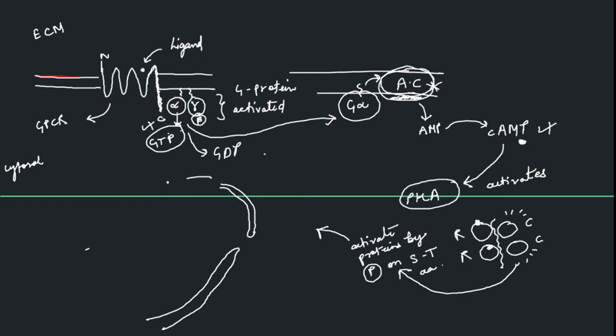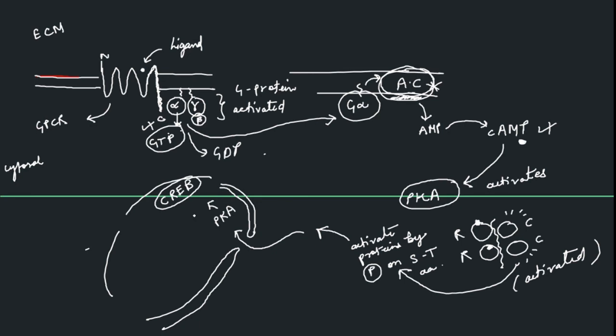So if this is the nucleus, this catalytic PKA, activated PKA, will move into the nucleus. There it will meet another protein which is known as cyclic AMP response element binding protein, CREB, which works as an activator to activate certain genes which are called by the signaling of cyclic AMP.